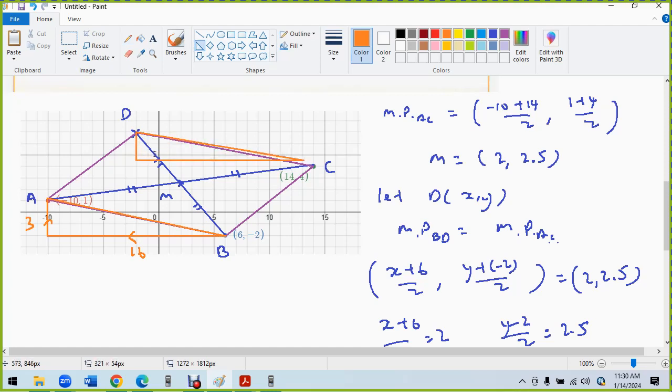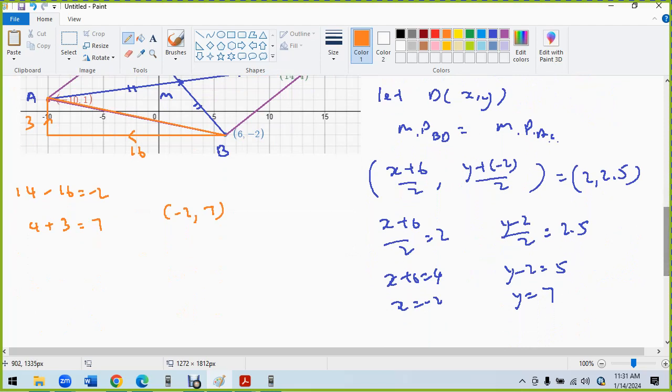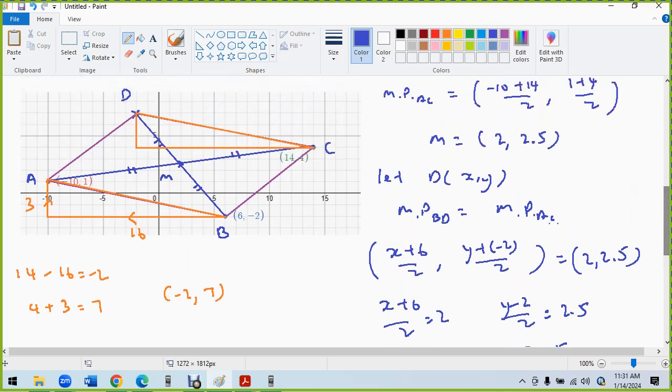And over here also we do the same thing. So the 14 minus 16 is negative 2. And the 4 plus 3 is 7. So it's negative 2, 7. So the D here is negative 2, 7. So it is correct. Okay.